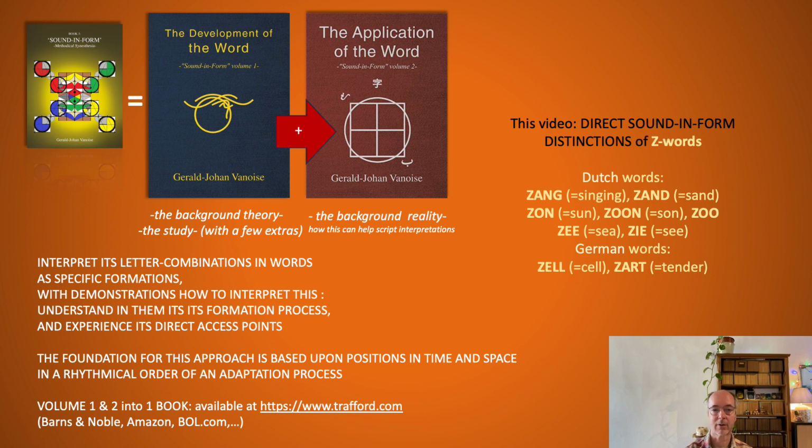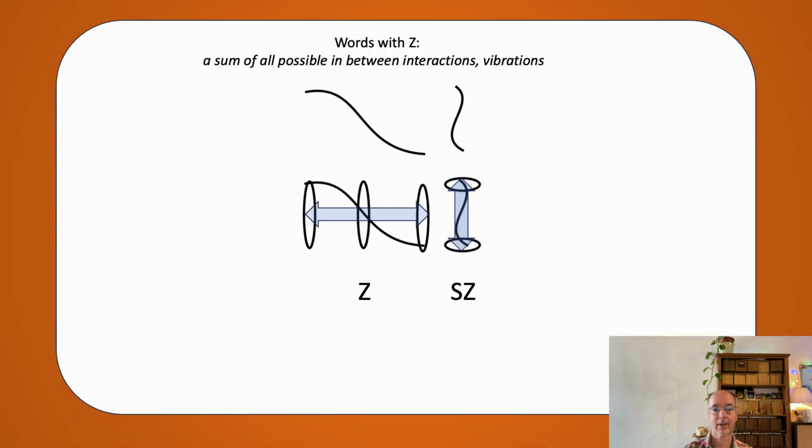I have ZANG or singing, ZAND or sand, ZON or sun, ZOON or son, ZE or ZIE, ZEE or sea, and ZELL or cell, and ZART or tender. As you can hear, some of the words are pretty similar in English, so there are good examples for the English language as well, because S and Z are not really that far apart from each other.